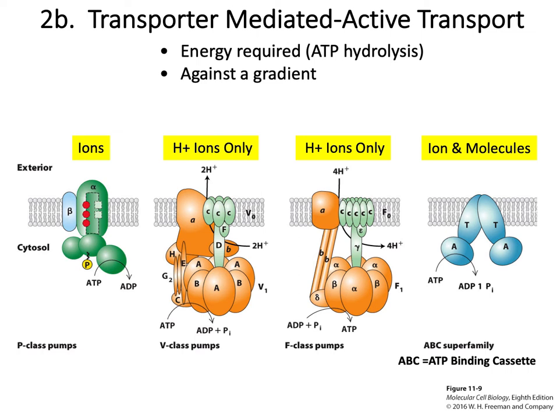There are a number of classes of these pumps. There are P-class pumps, which are responsible for moving a variety of ions against their concentration gradients across the biological membrane. They are usually made up of two identical catalytic alpha subunits and two beta subunits.